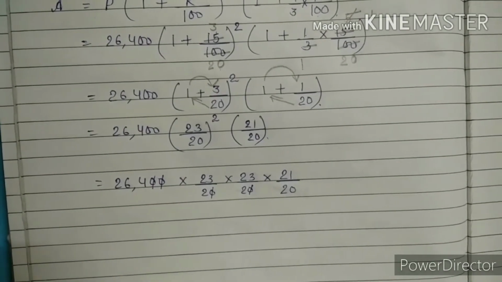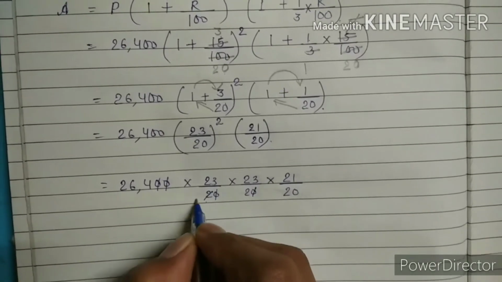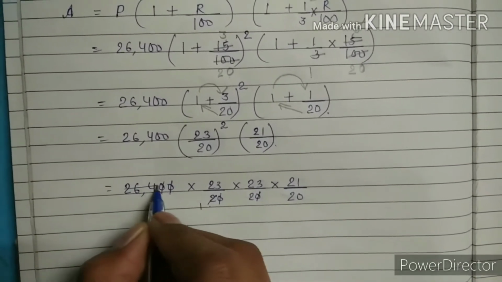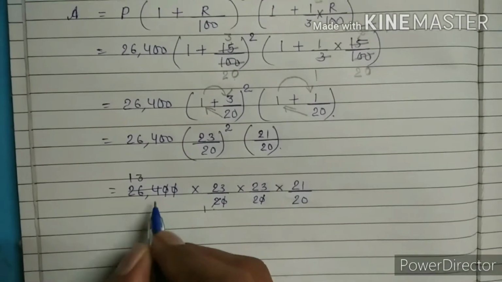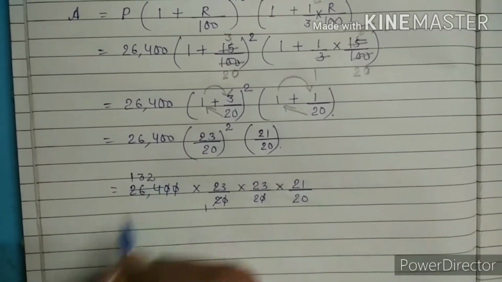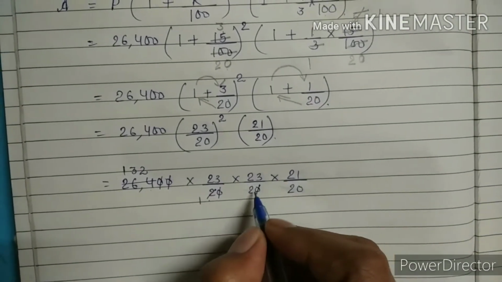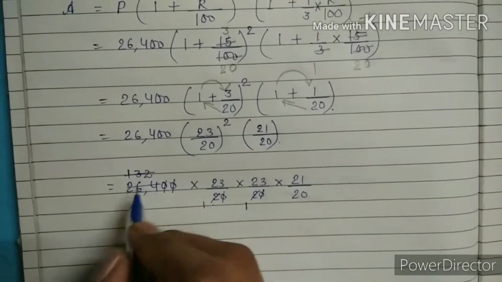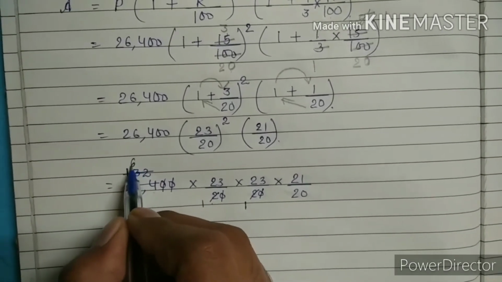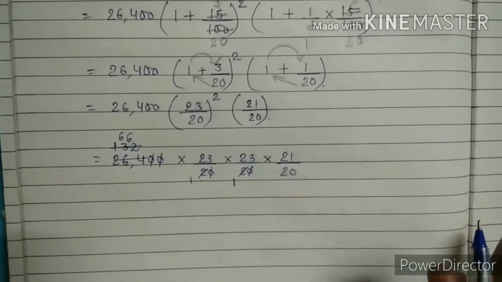Now we will reduce 2 and 264. 2 1s are 2. Here also 2 1s are 2. 2 3s are 6 and 2 2s are 4. 132 is here. Again we will reduce it with the help of 2. 12 comes 6 times and the next 12 will come 6 times. What is remaining here?